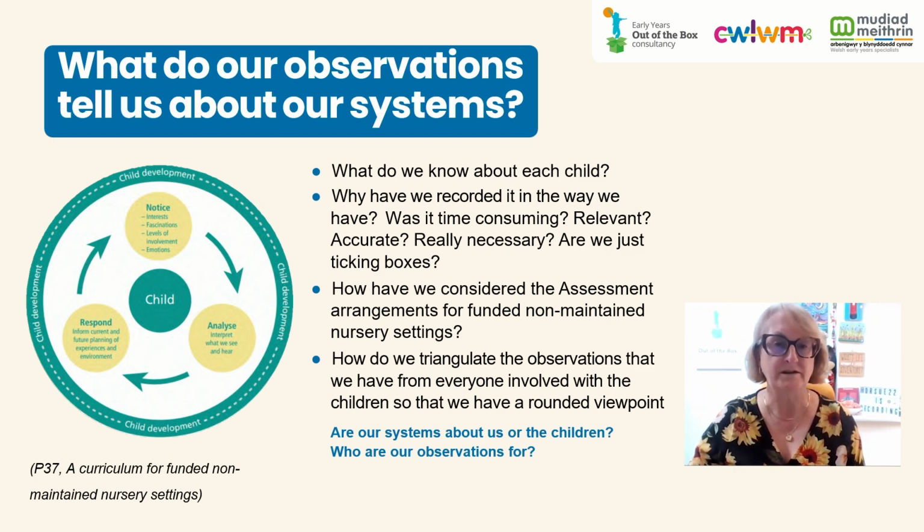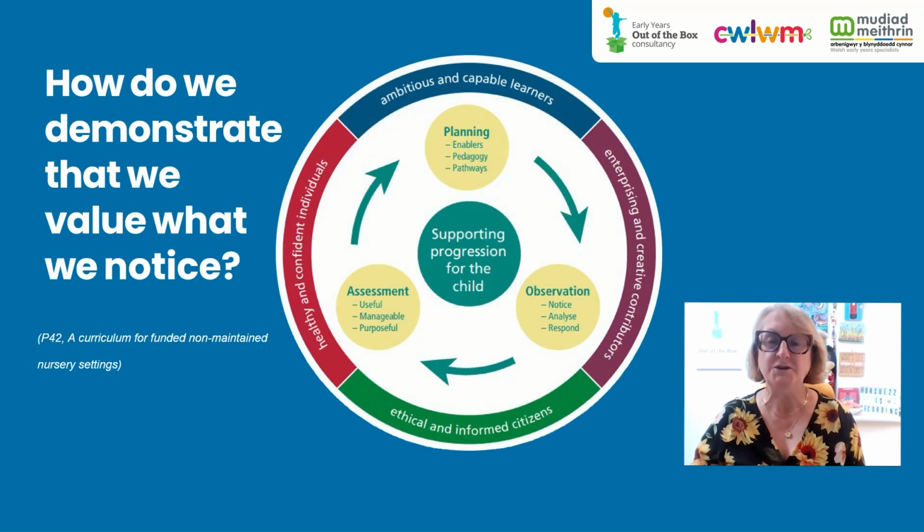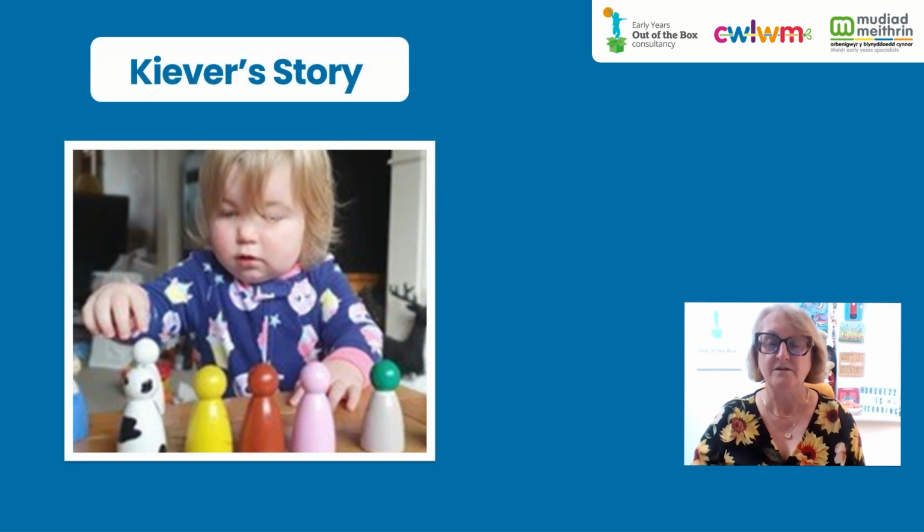You will also recognise this screen grab from one of your documents. How do we demonstrate that we value what we notice? Because children are constantly learning. This is 2-year-old Kiva really focusing in on organising those wooden dolls.